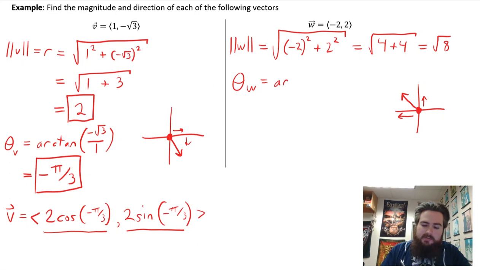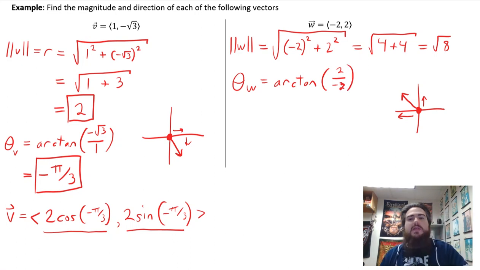If I were to just evaluate this using arctangent of the second component over the first, this would not give me the correct solution, as this is going to give me an angle measure between negative pi halves and pi halves, or more specifically, between negative pi halves and 0. An angle measure in quadrant 4. We want something in quadrant 2.